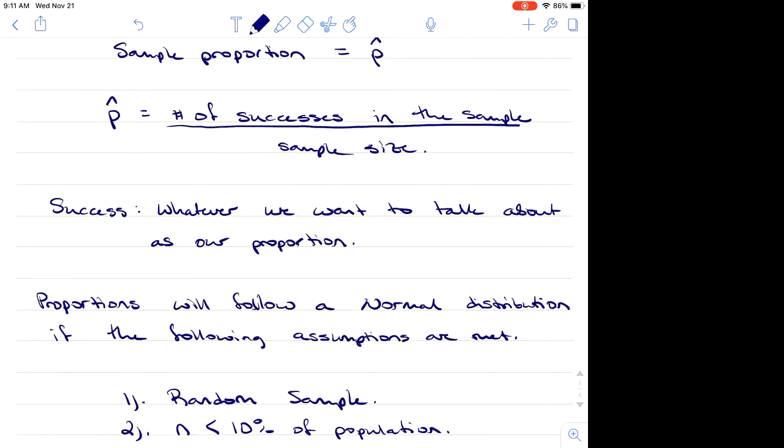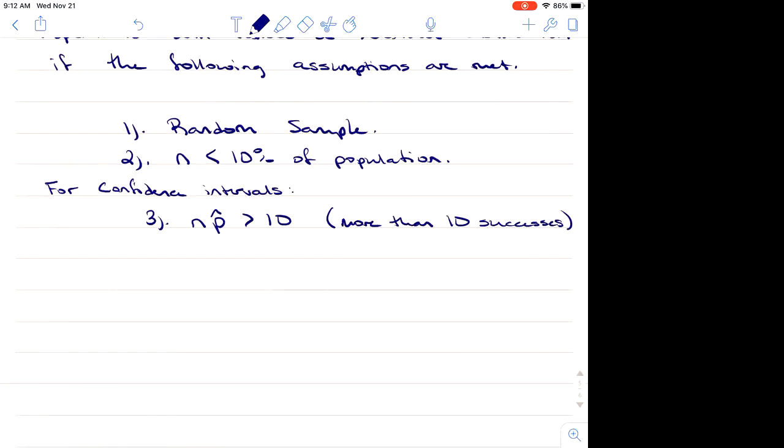So if you multiply that by n, those n's will cancel, and then you're just left with the number of successes, right? So what we're saying is that if we're going to use this data to talk about the proportion of successes, we have to have at least 10 successes in our sample, right?